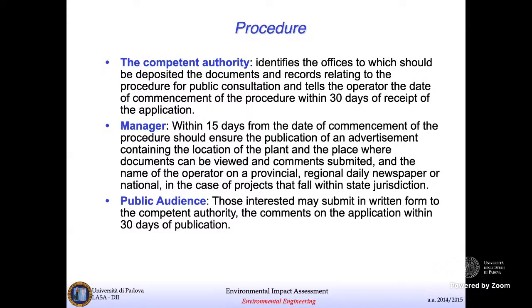The operator, within 15 days from the date of commencement of a procedure, should ensure the publication of an advertisement containing the location of the plant, the place where all the documents concerning this plant can be found, where comments can be submitted by the public, and the name of the operator, in a provincial or regional daily newspaper, or national in the case of projects that fall within state jurisdiction.